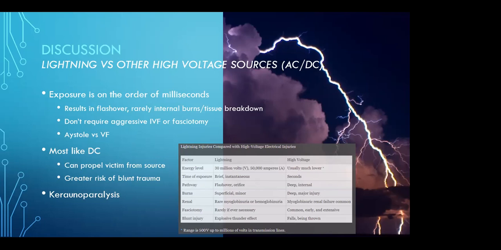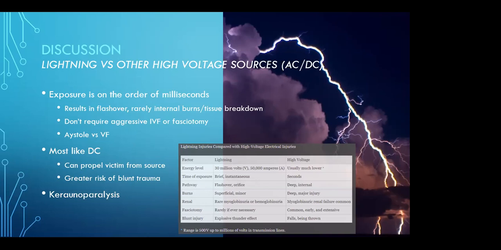Also, they made a point to say, most commonly you're going to see asystole after lightning strike. With prolonged exposure to current, you might see V-fib. So that's also a possibility. What else here?